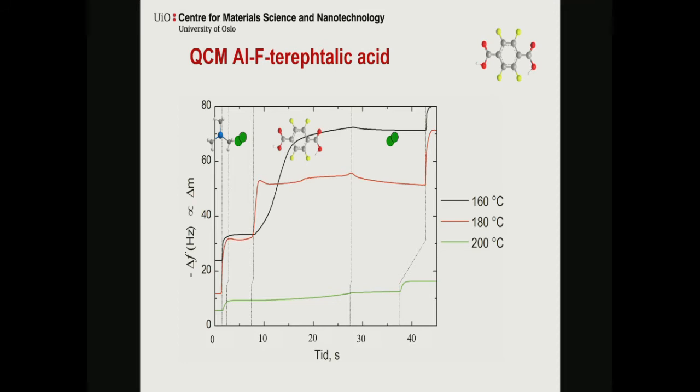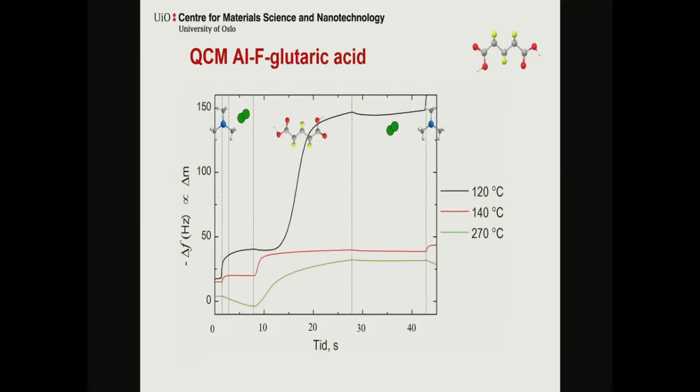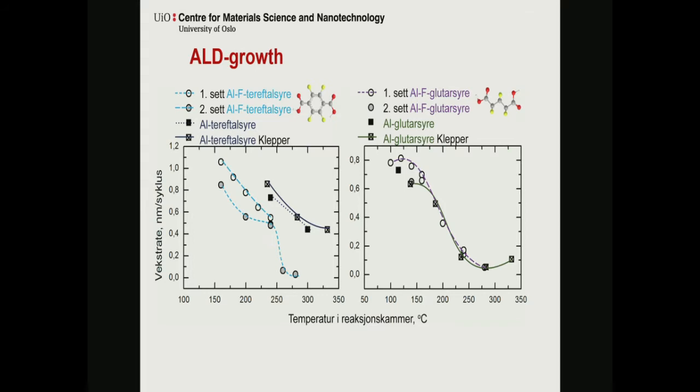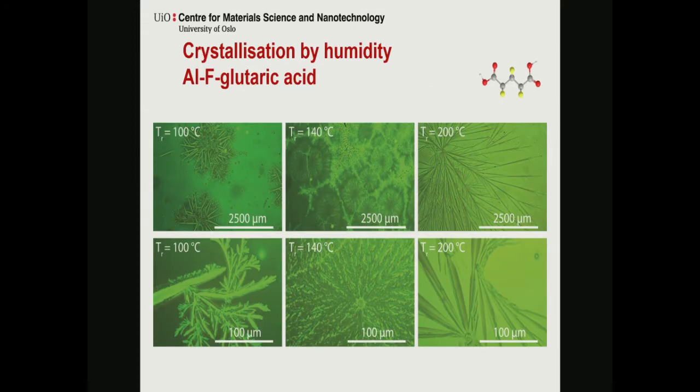At 160 degrees you seem to saturate very slowly. At 180 degrees you have nice growth. At 200 you have basically very little growth. And similar with the glutaric acid as well. Growth drops when you increase the temperature. Yes, you do get fairly nice films. They do react on moisture in the air.